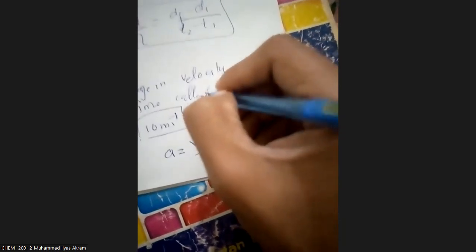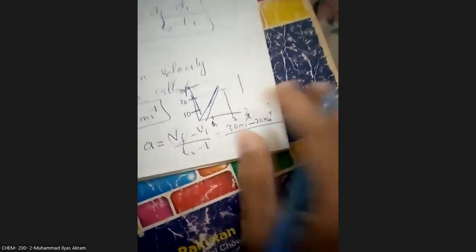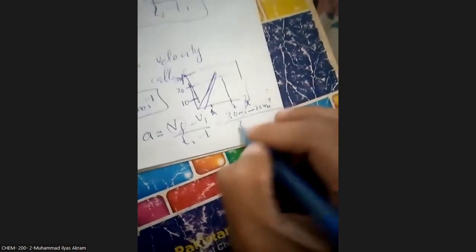So from these 2 points, we will take one from the last, the final velocity, that will be 30 meters per second, and the initial velocity, minus 20 meters per second, and similarly we take the time from both of these, the last 3 minus 2.